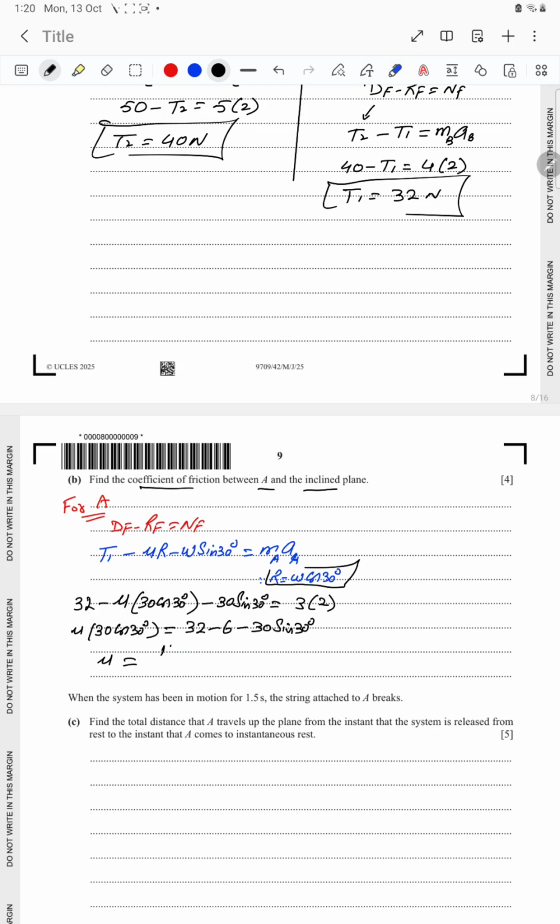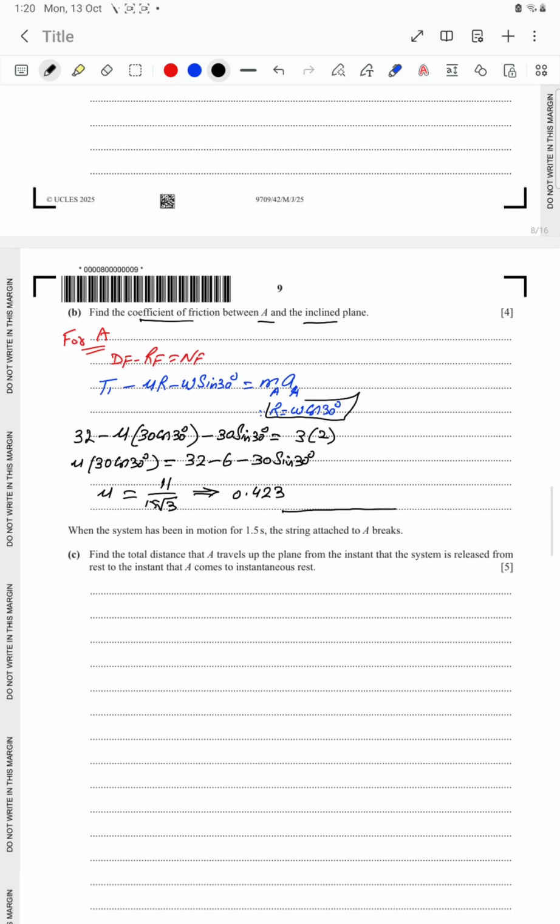It will be 11 over 15 root 3, or 0.423. This will be the final answer for this part B, 4 marks. I hope it is clear.